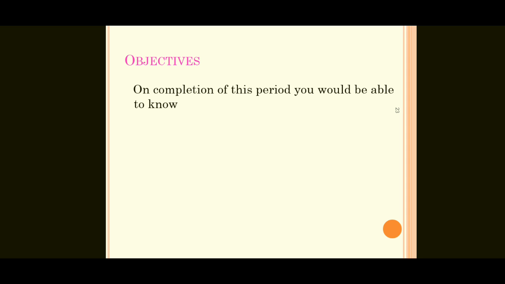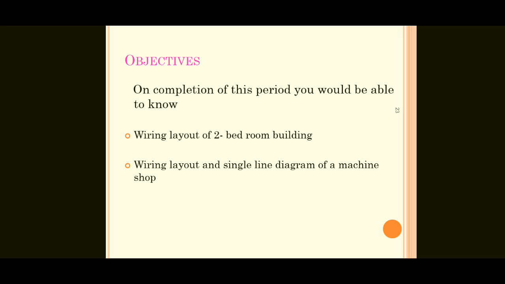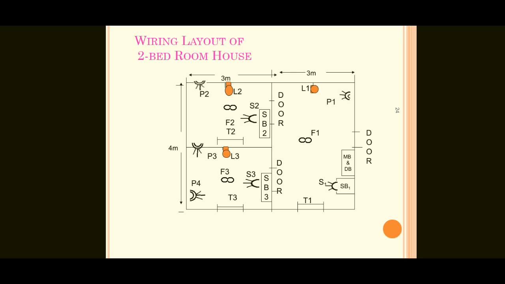Objectives. Wiring layout of 2-bedroom building. Wiring layout and single line diagram of a machine shop. Next one, wiring layout of a two-bedroom house. Now this is an important question for you.